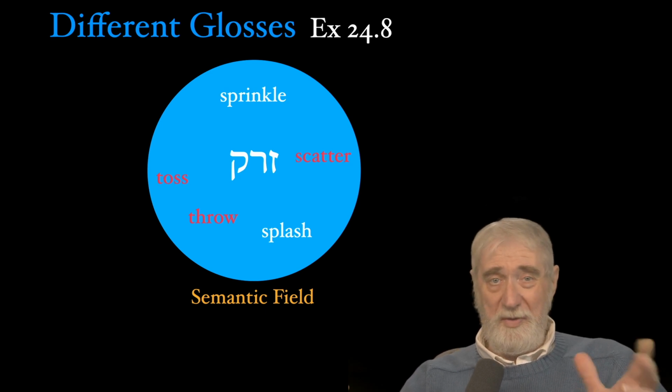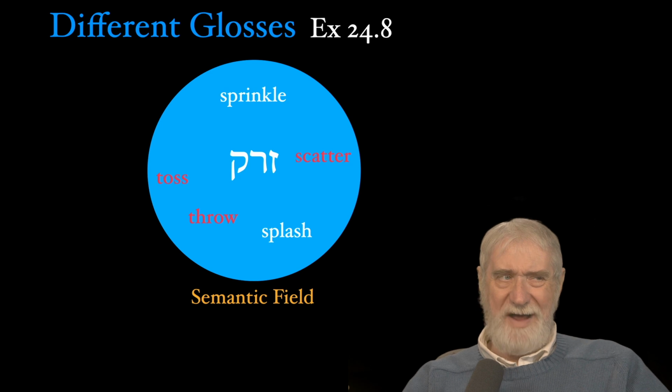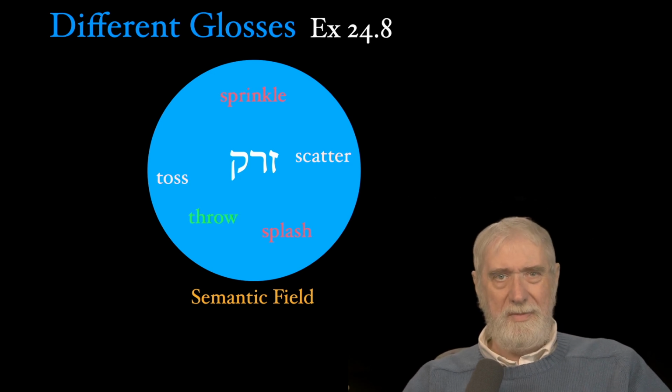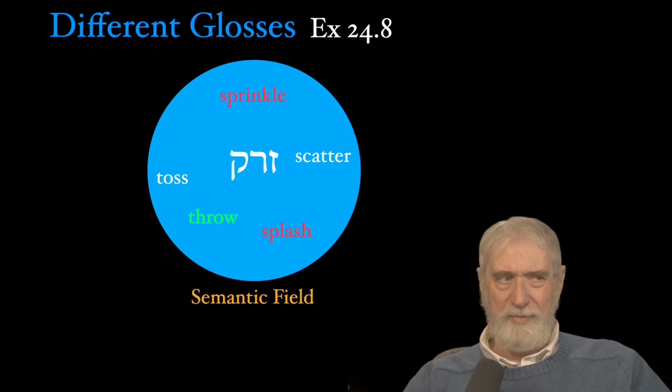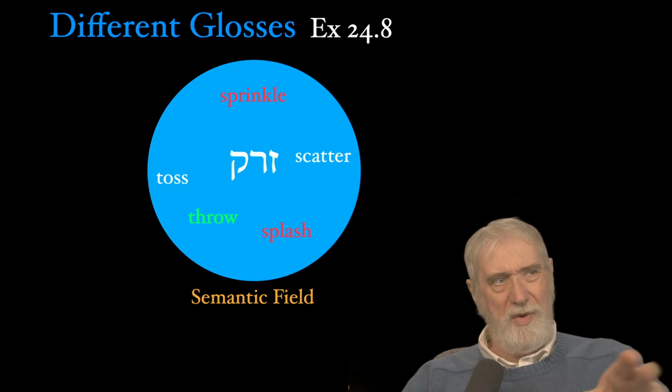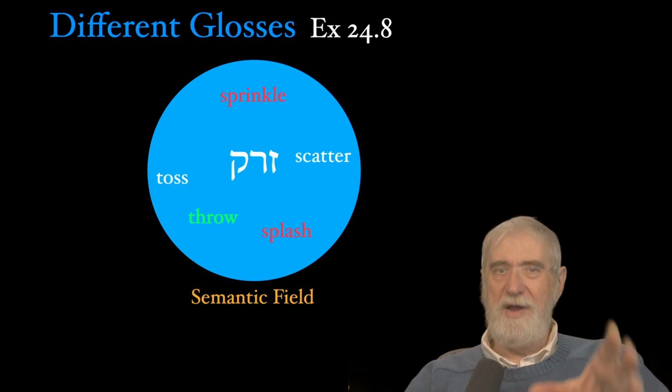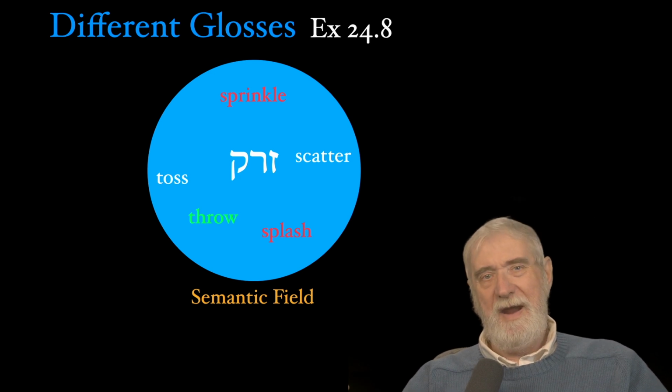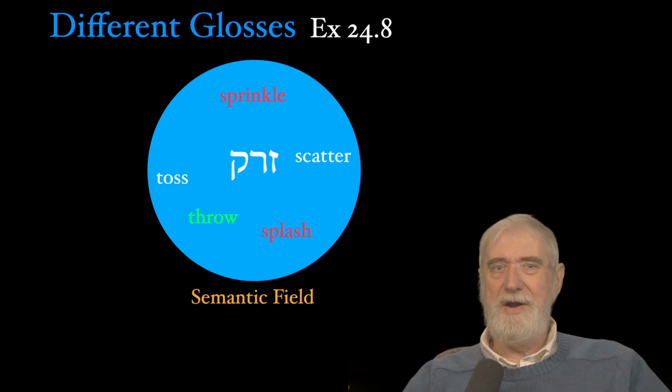And that's possible for the verb even here, but not as likely. So more commonly, we might choose words like sprinkle or splash or maybe throw. These are words that are typically more used with liquids than with solids. And since we're talking about blood here, we might choose one of them instead.